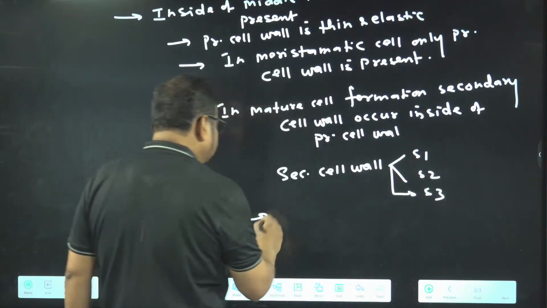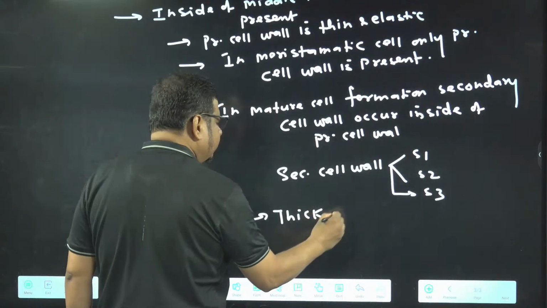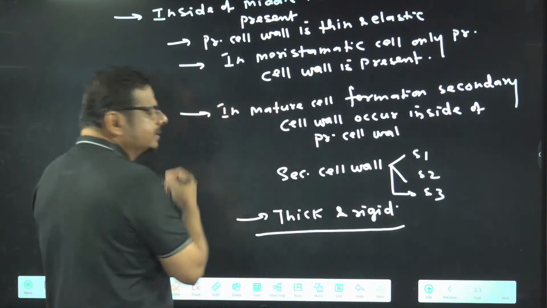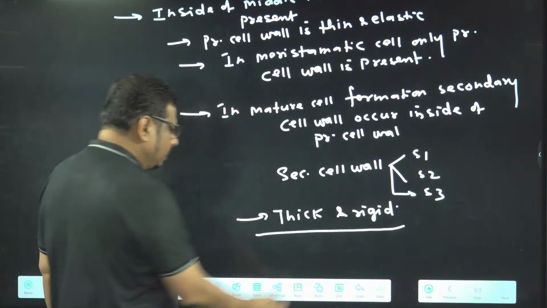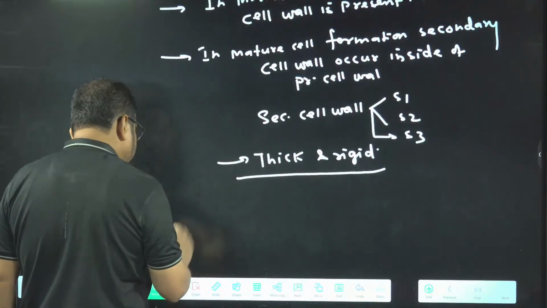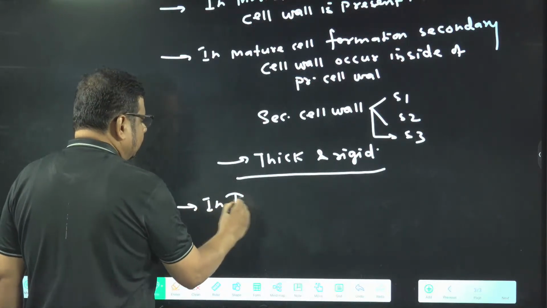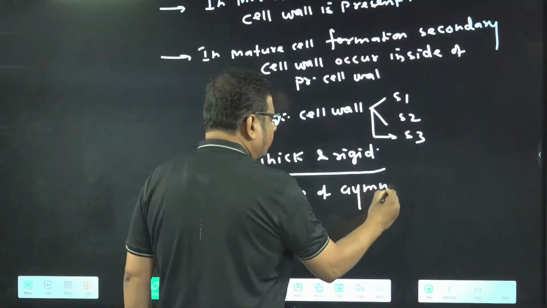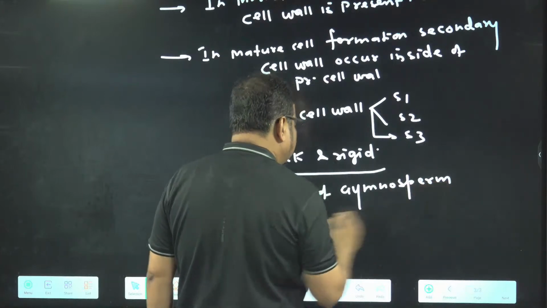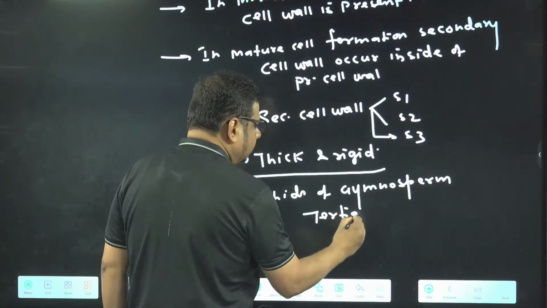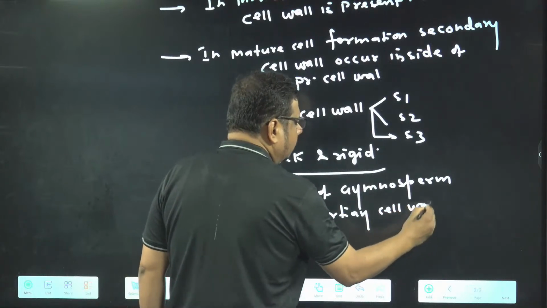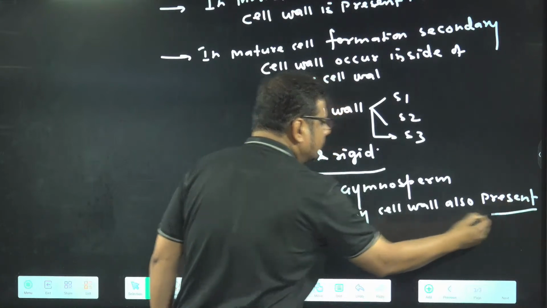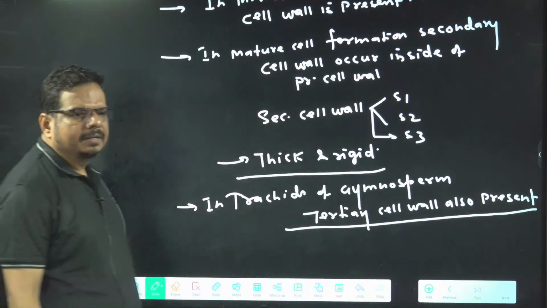And this secondary cell wall is thick and rigid. So the rigidity you find in the cell wall is due to which one? Secondary cell wall. In tracheids of gymnosperm, tertiary cell wall is also present. Where is tertiary cell wall also present? In tracheids of gymnosperm. Able to understand or not?